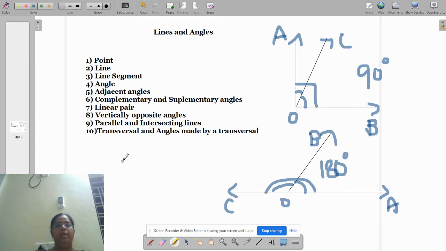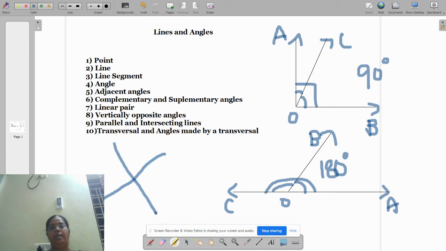Next, vertically opposite angles. Before learning that, see, when two line segments intersect each other, you will form four angles here.